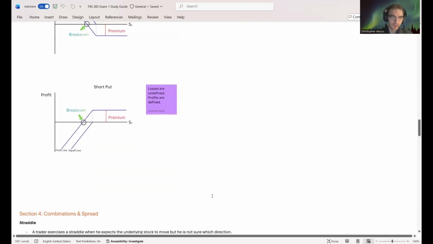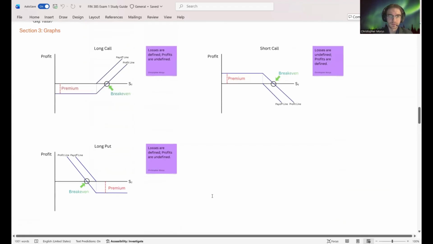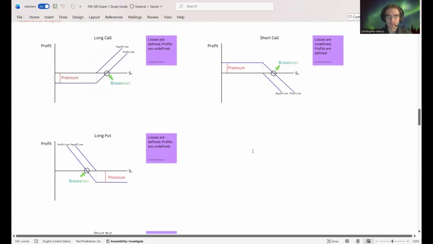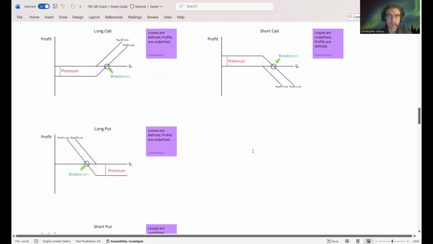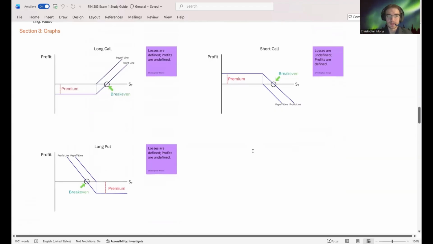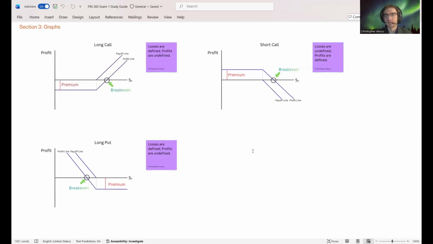All right. Before I move on to section four, make sure that you have a deep understanding of all these positions. I would study these and be able to explain to yourself or to a friend what actually is going on before moving on to the next section.